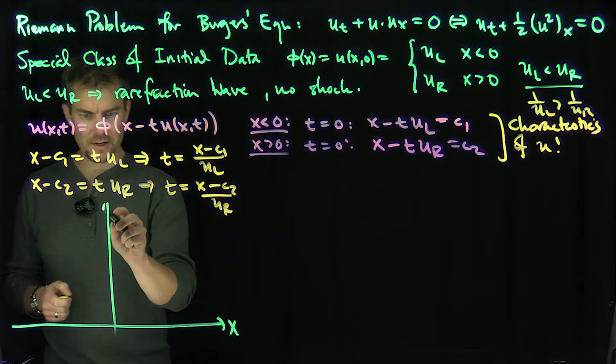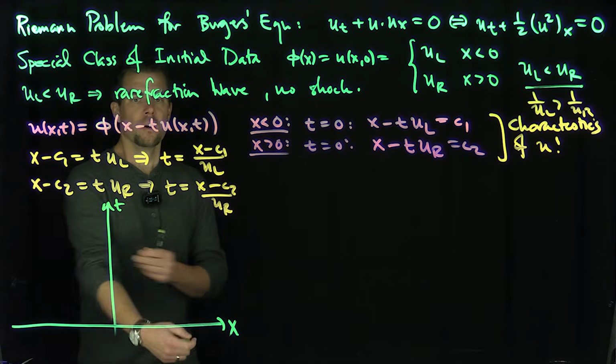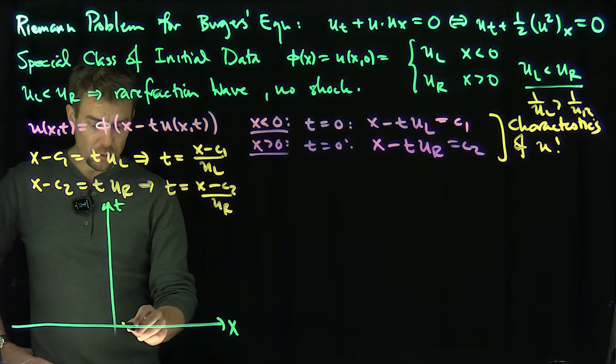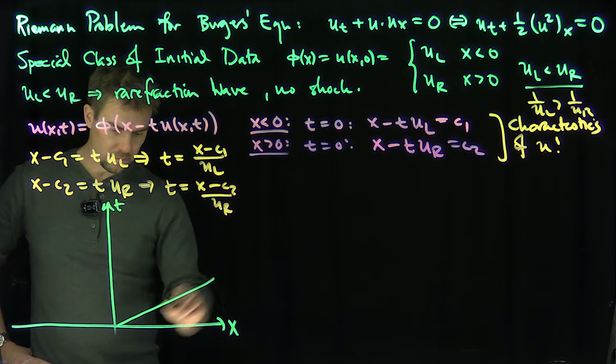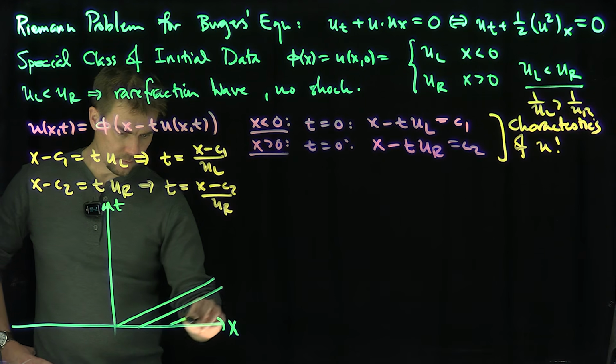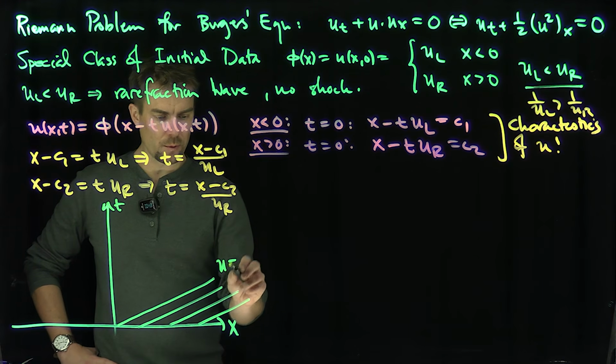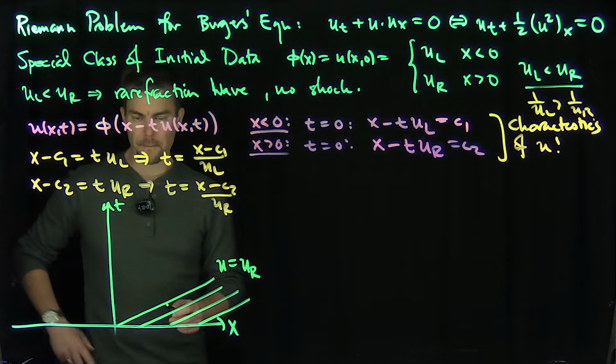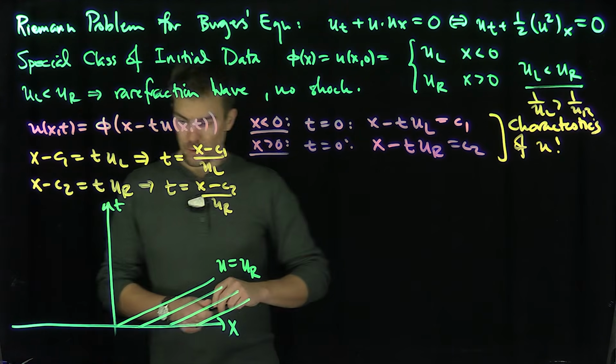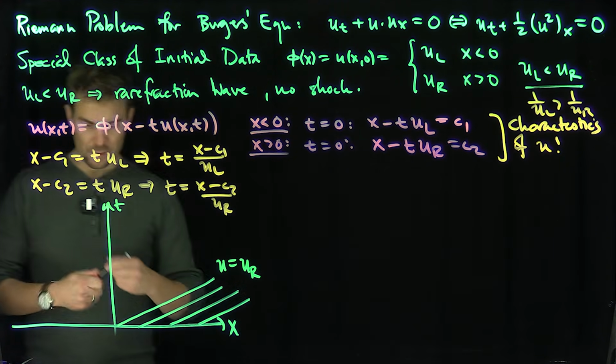Here's the x-axis, here's the t-axis. When x is positive, the slopes are very small, and we know what u is equal to on those slopes. We know that u is equal to u_r in this region. And then when x is negative, you have larger slopes. So what do the larger slopes look like?